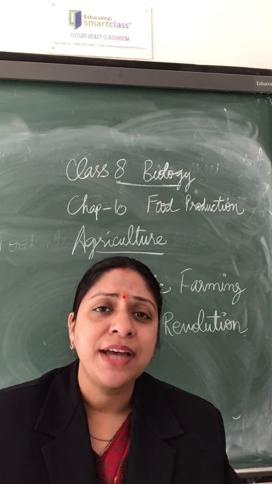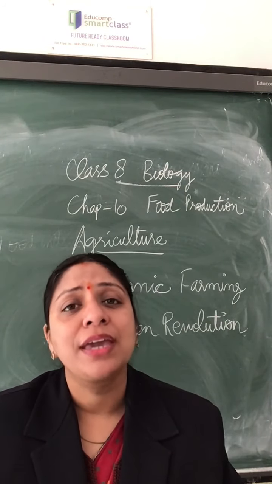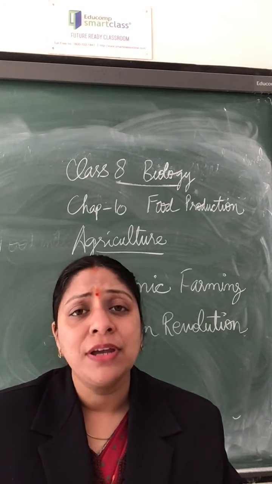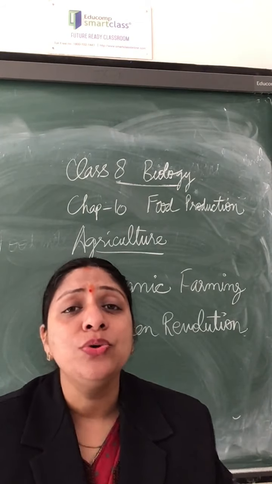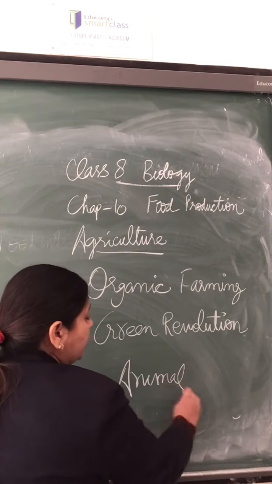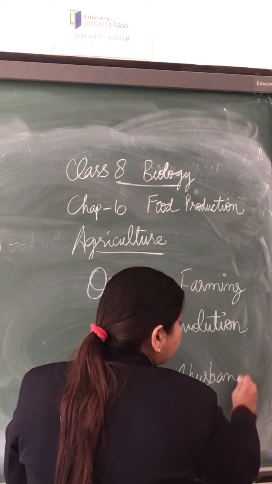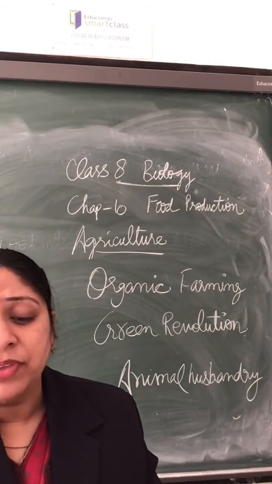Taking care of all these animals, like how the food should be given, how care should be taken, how we can protect them from diseases, and even to give them proper shelter, all this is included in animal husbandry. This animal husbandry is a very vast subject to be studied, and it includes several factors.